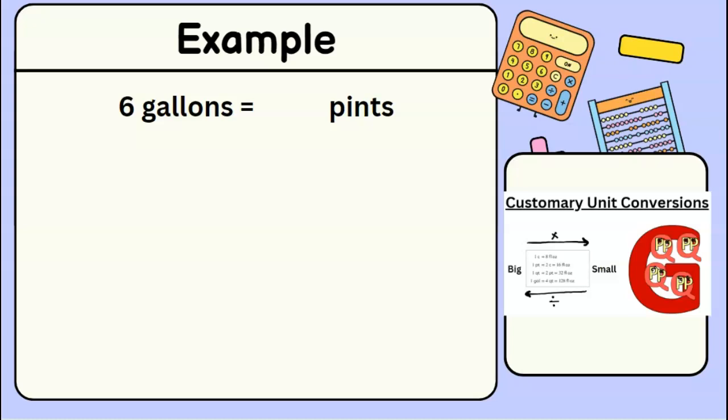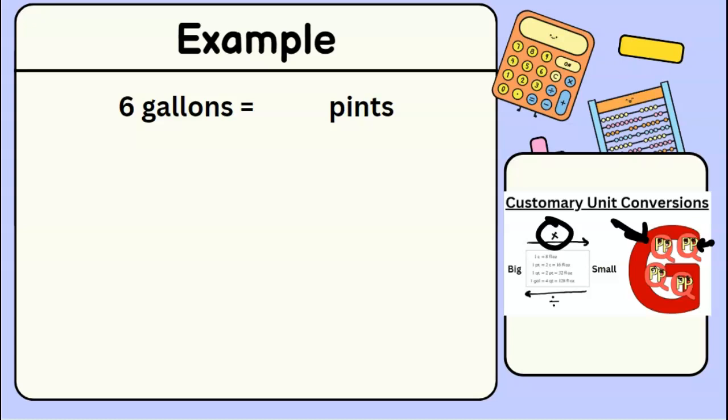So how many pints are in 6 gallons? I know that I'm going from a big unit to a small unit because gallons are bigger than pints. So I know I'm going to be using my multiplication operation in order to find that out.